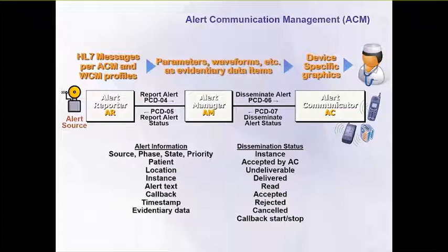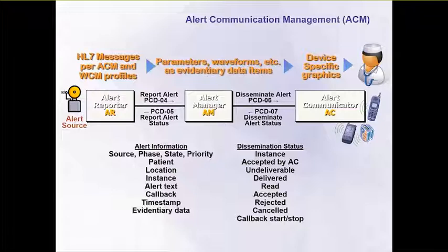The AM actor uses a PCD06 message then to deliver a message for display to the AC actor. PCD06 is done via WCTP as opposed to HL7, and that can then be sent out, and the AC can provide status updates to the AM for use in alert scenario escalations, for reporting or logging, and that can be done via a PCD07.